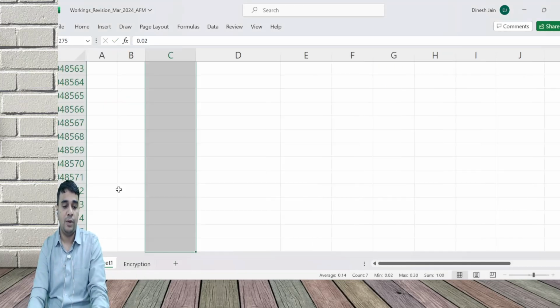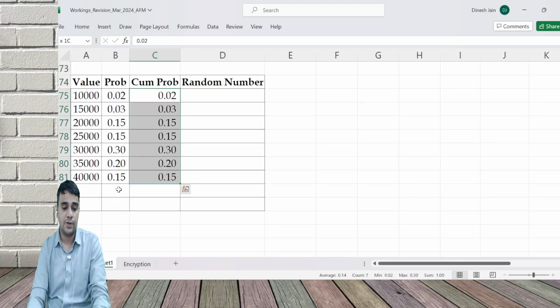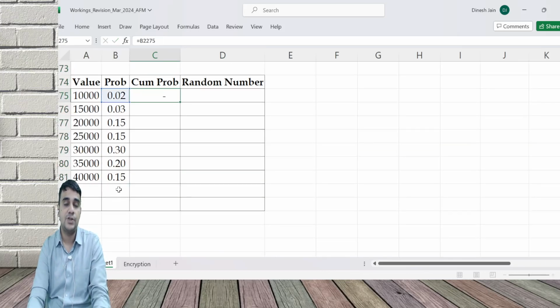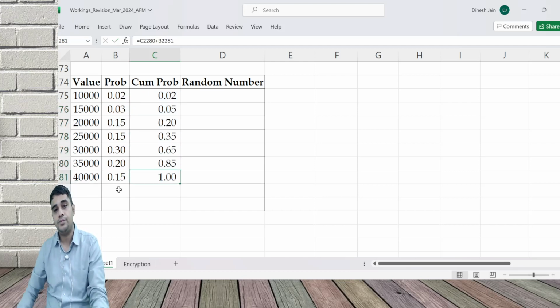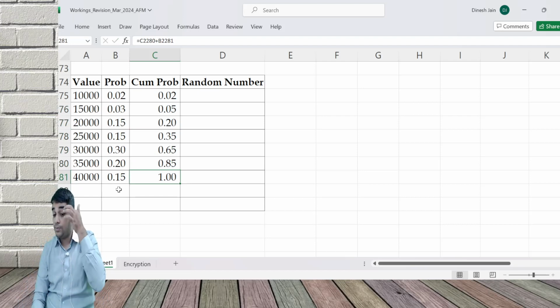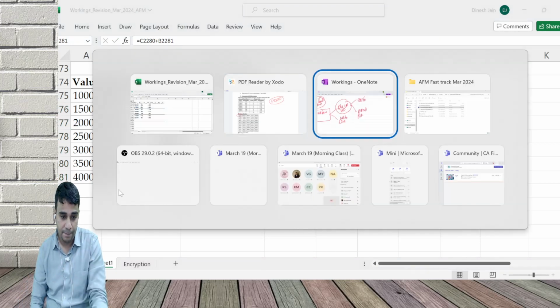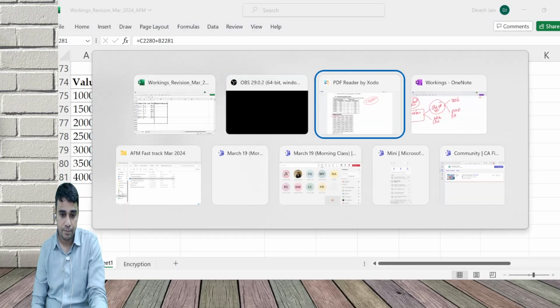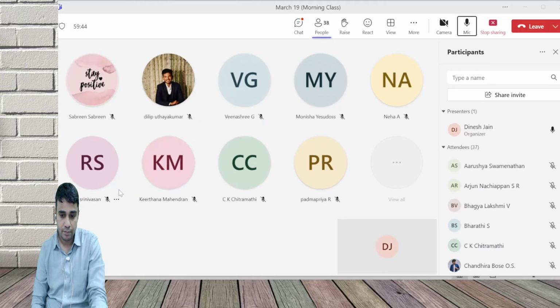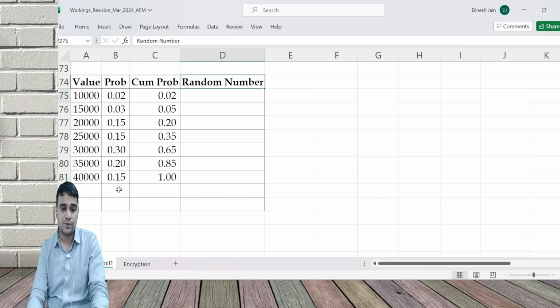Now I have to put a cumulative of this. Starting with 0.02, 0.02 plus 0.03 goes on like this. Keep adding the cumulative numbers. What's the random number for the first one?